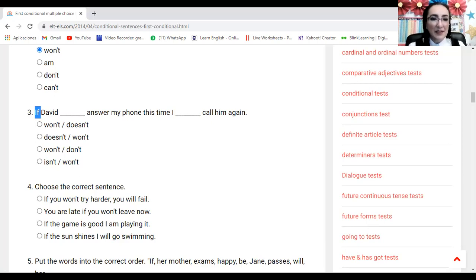What could be the correct one? If David doesn't answer my phone this time, I won't call him again. You cannot say, if David is not answer my phone. If David is not answering my phone, that is correct.